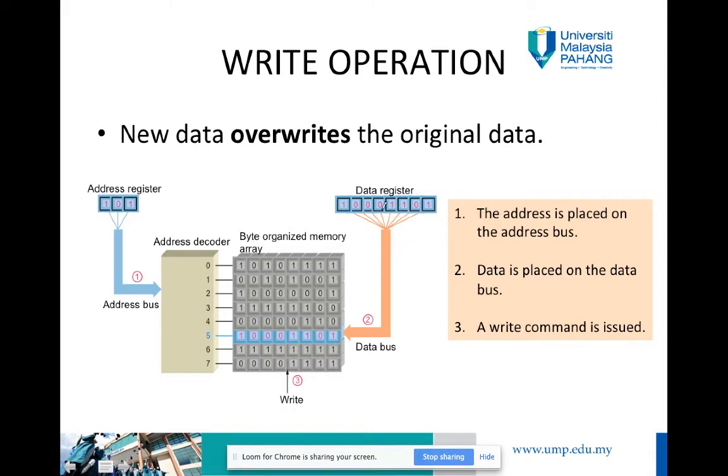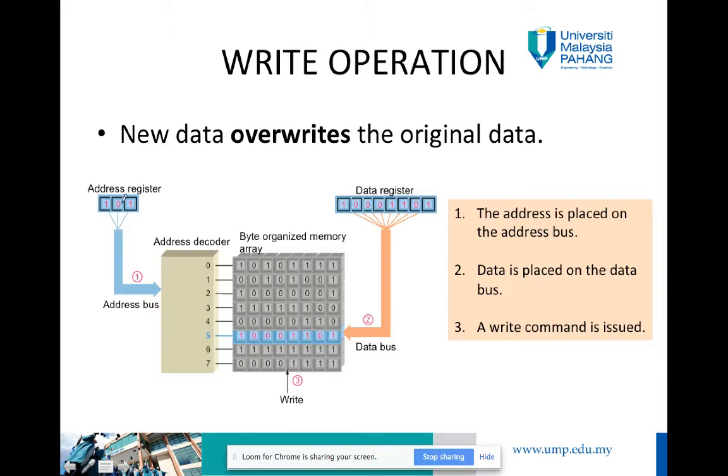Alright, data register. This is the data 10001101, which represents a certain instruction. So this data will be located at the memory like this, at the address register 101, address number 5, and stored like this, in a byte-organized memory array.